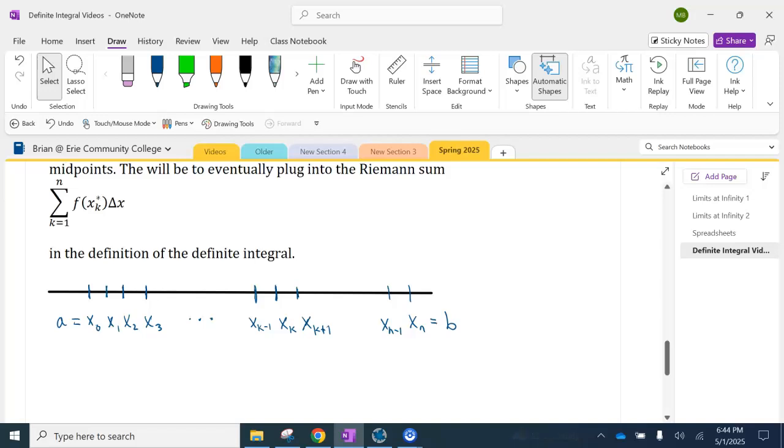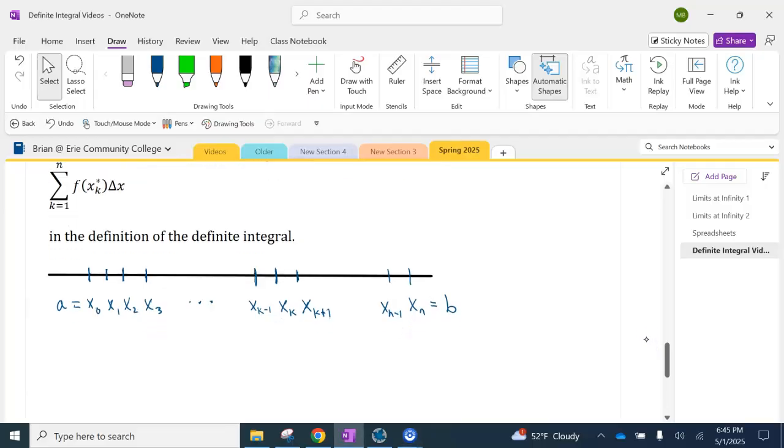All right, so I drew this number line picture here. And again, we want to know what is the kth interval, or what is the kth subinterval. So again, we've got x sub 0 is a. Well, we're going to add on delta x to get to the next point. That's telling us that x1 will simply be a plus delta x.